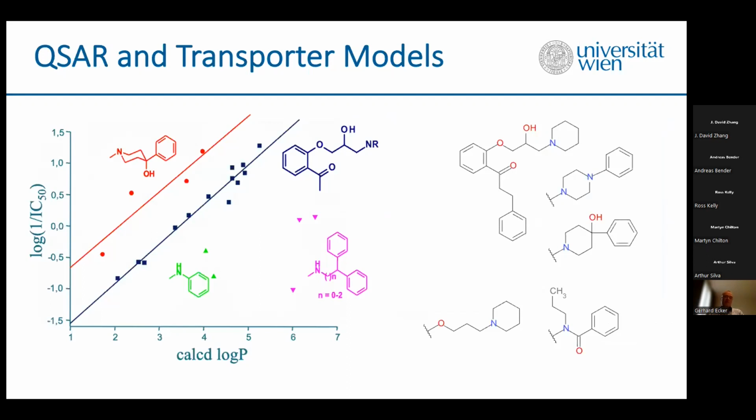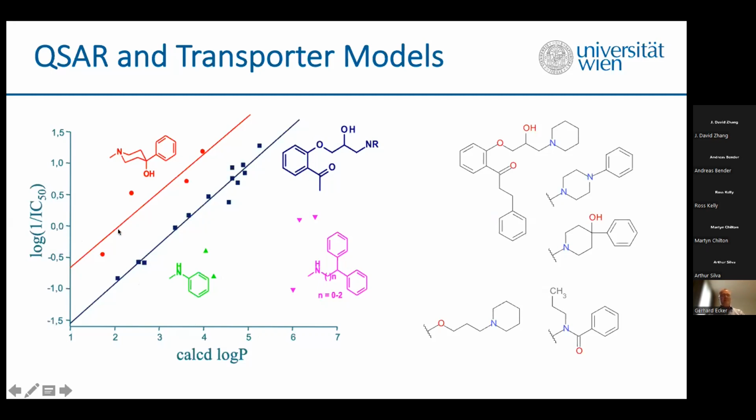What you see here is that we did a lot on P-glycoprotein inhibitors, with classical QSAR equations, in this case just a correlation with lipophilicity, which is obvious because access goes via the membrane, so you expect a correlation between P-gp inhibitory affinity and lipophilicity within a certain scaffold.